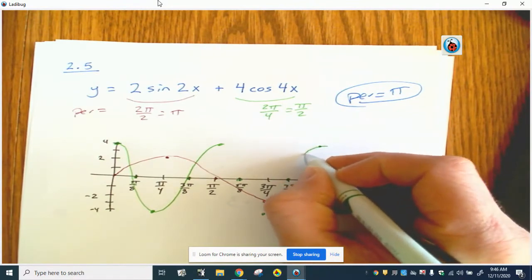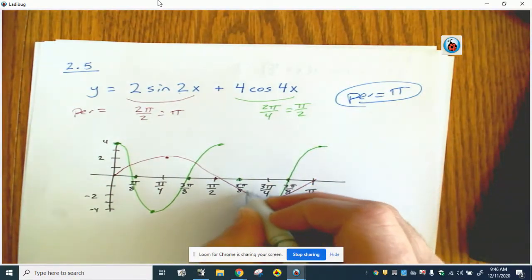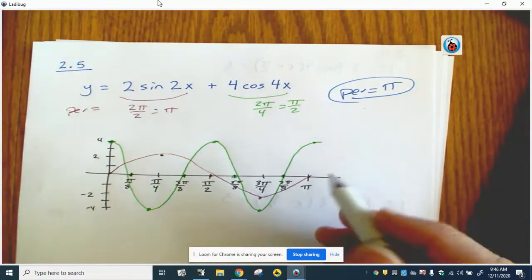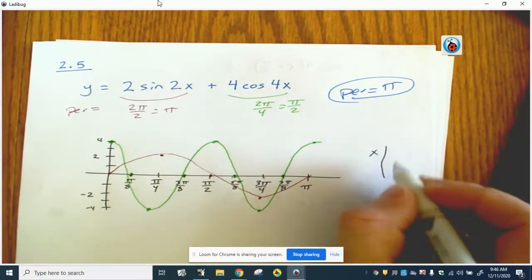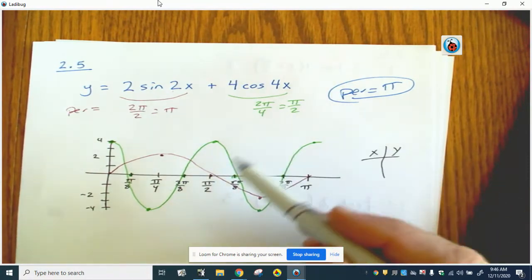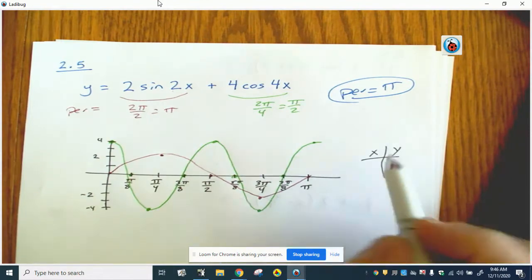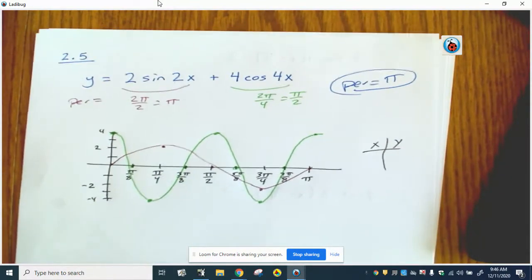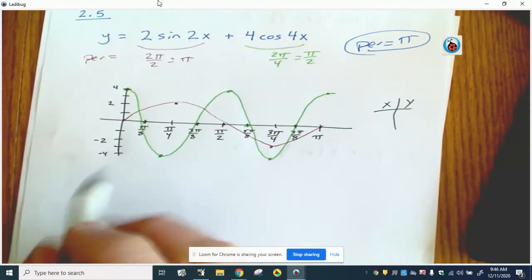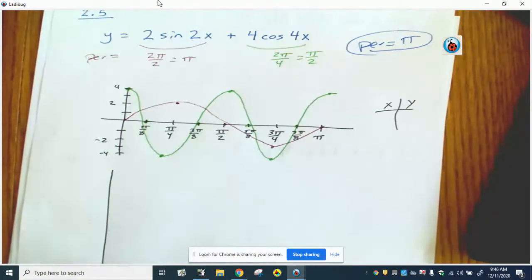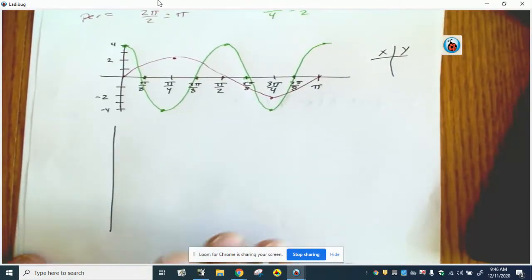Now remember, all we're doing here is the equivalent of plotting a ton of points. This is not our actual graph. We're just using this to plot a ton of points. What we now have to do is use this to draw our real graph.